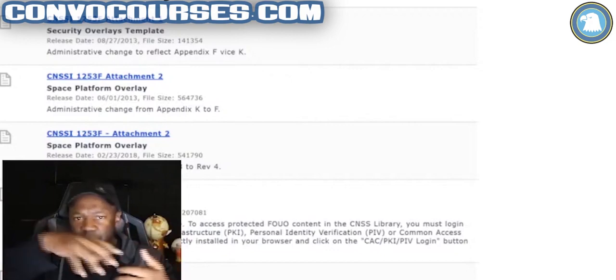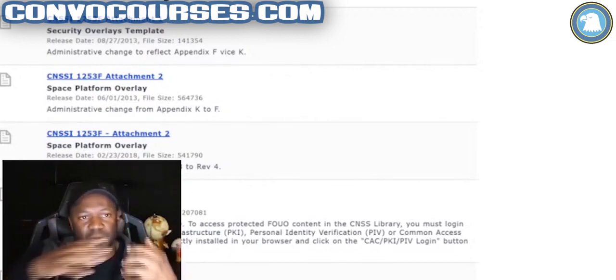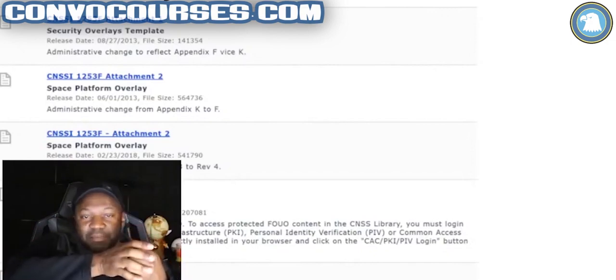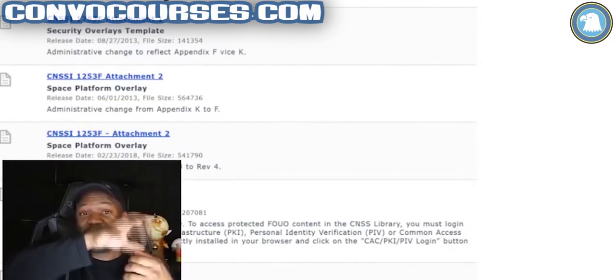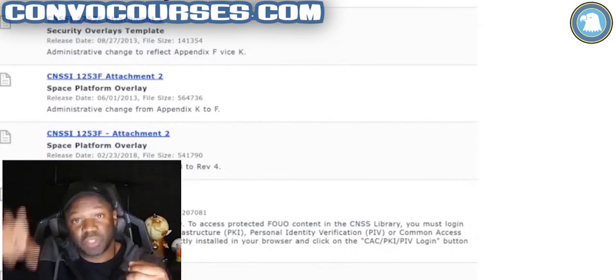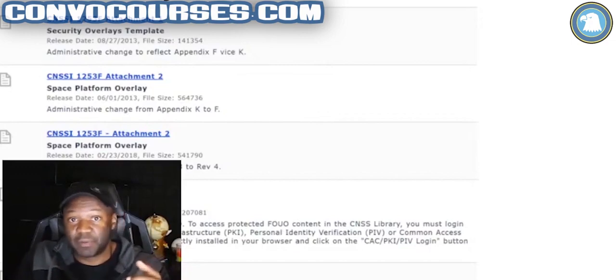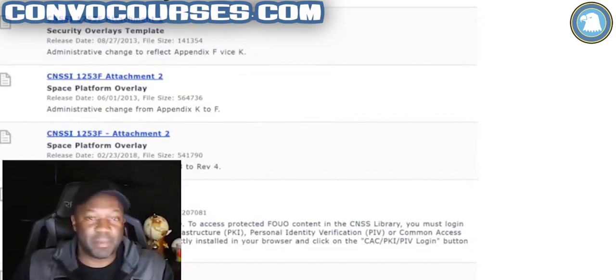There's a bunch of processes you have to do, and there's a technical way to do it so that this top secret information can go down to just the regular secret information or unclassified information. So that's a cross-domain solution.